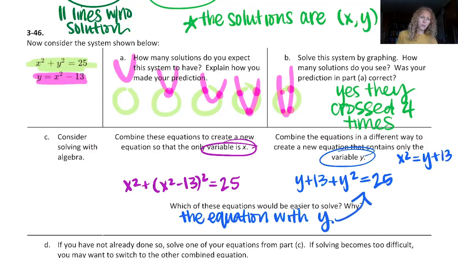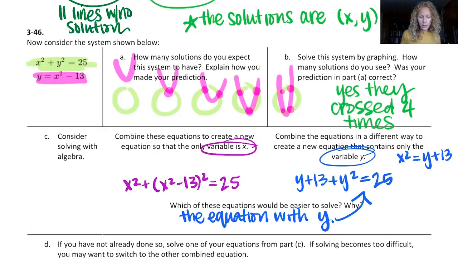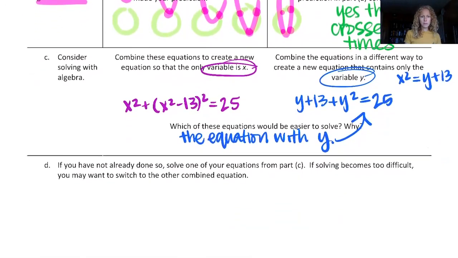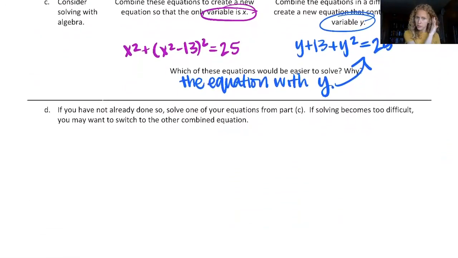If you look at the one on the left, because of this exponent right here and this exponent right here, that actually is an equation in the 4th power, and it's a pain to solve, though it can be done. So if you haven't already done so, it's asking you to solve one of these from part C. I'm going to pick the one on the right just because it's easier.